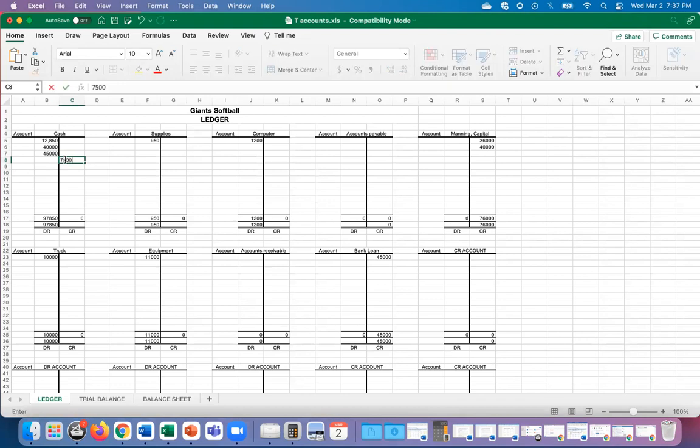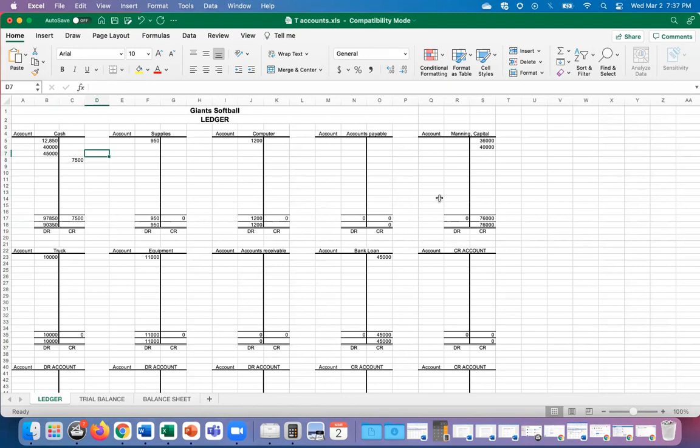So 7500. Right. And as you go along, you're going to notice that these entries are affecting these totals down here. And then you'll also notice that on the asset accounts, the balance is being held in the debit side, the left-hand side.